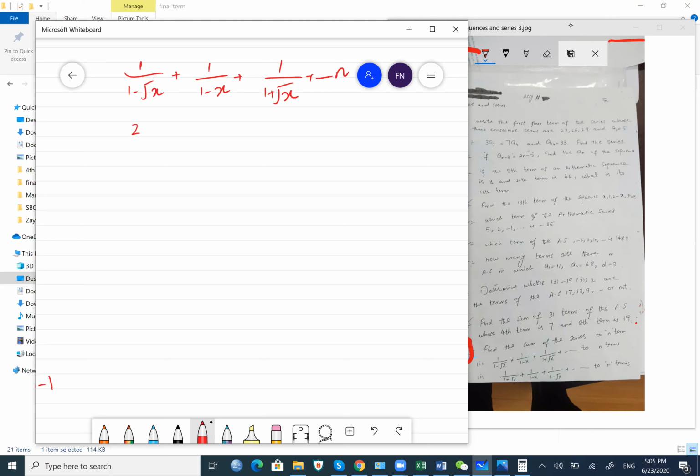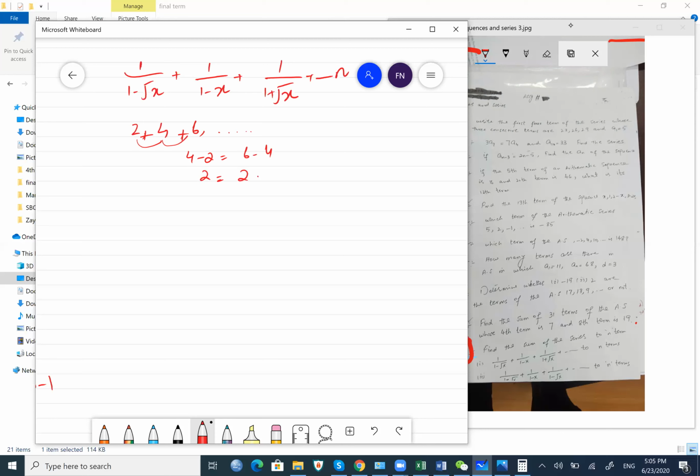If I write a sequence 2, 4, 6, and so on, and I ask you whether it is an arithmetic series or a geometric series, you will say that we are adding 2: 4 minus 2 is the same as 6 minus 4.